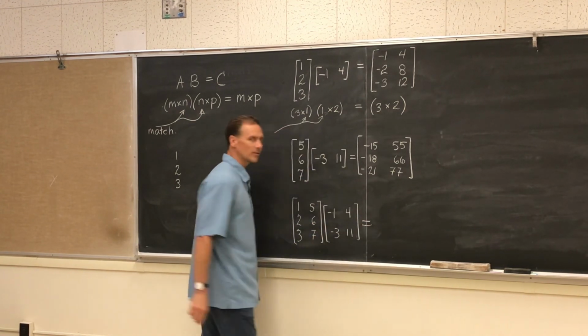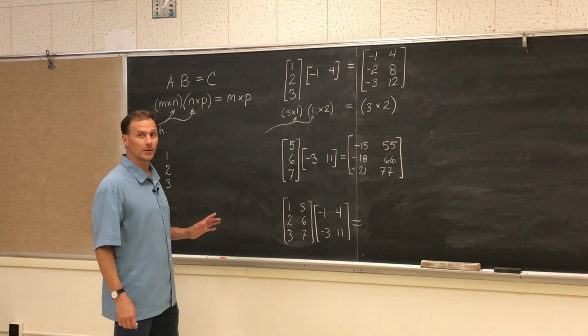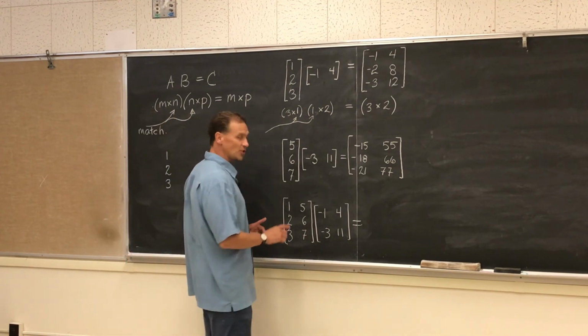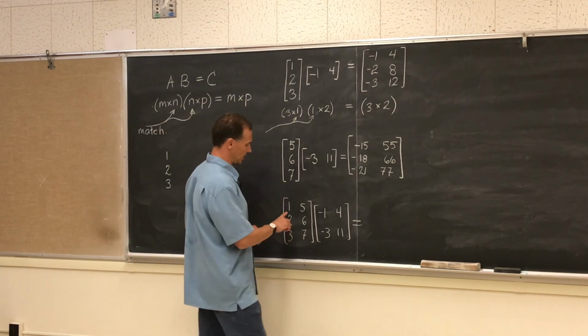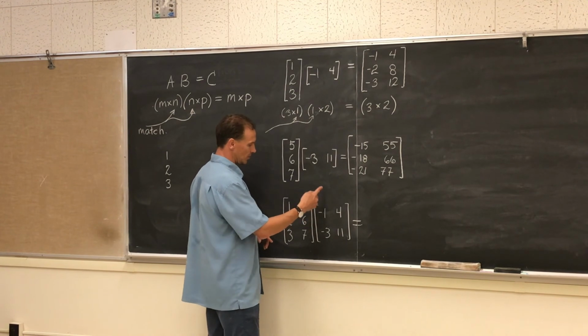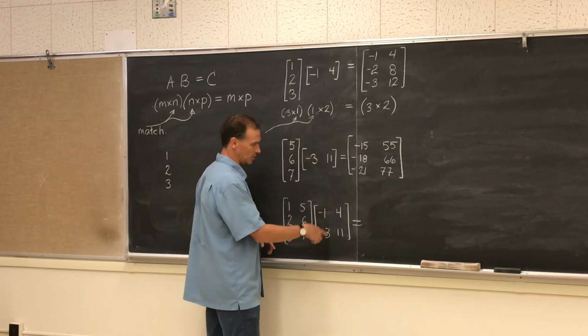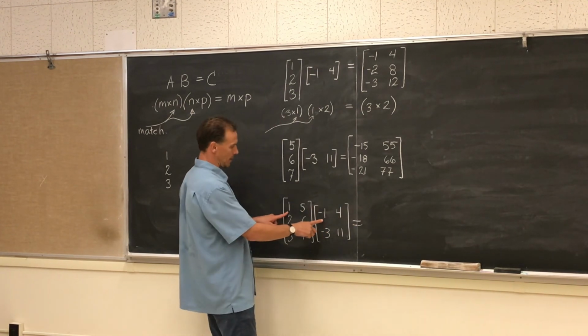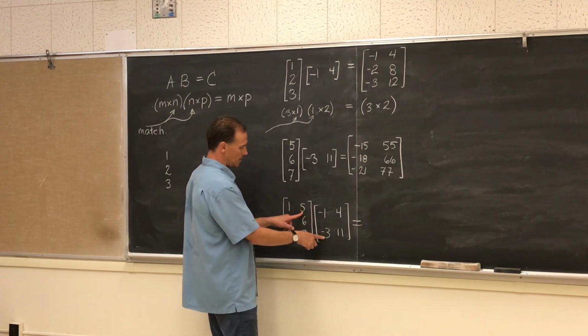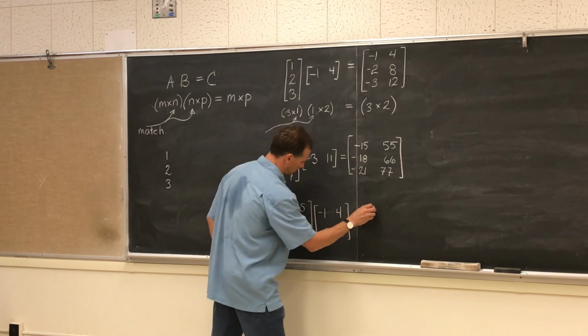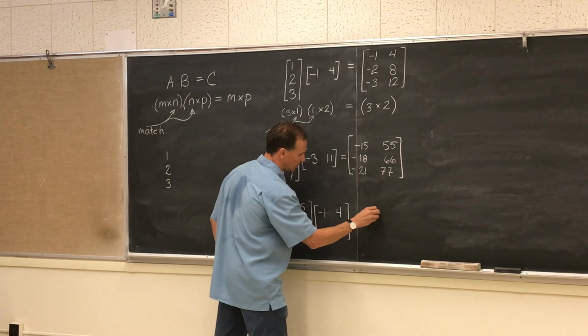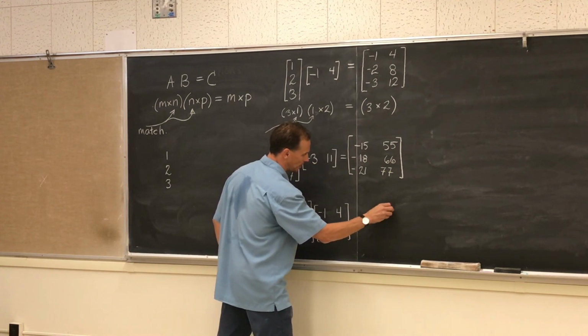Now, we're going to write this out so that we can see what's happening here. Let's just do the dot product. So the dot product of the row with the first column will give me my first entry. So I'm going to have a -1, -15.